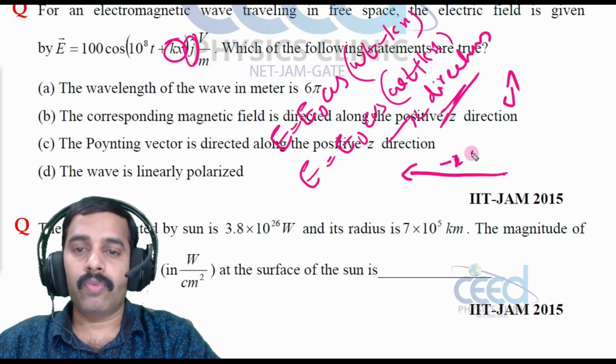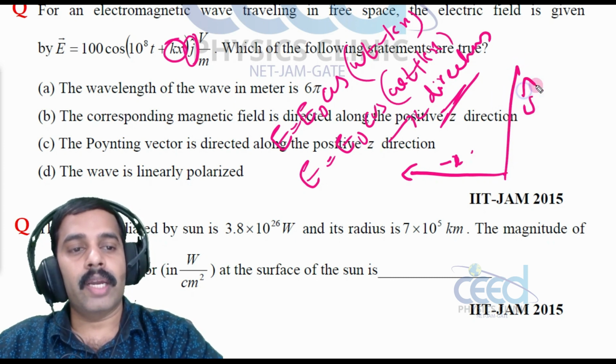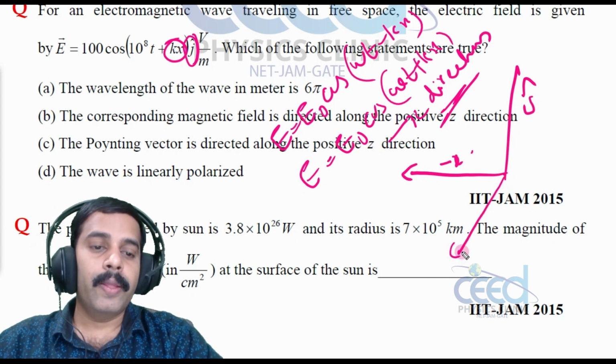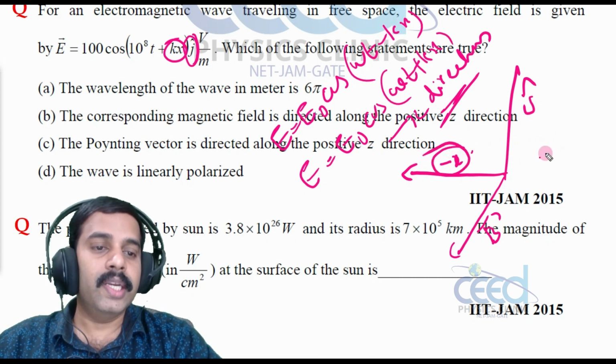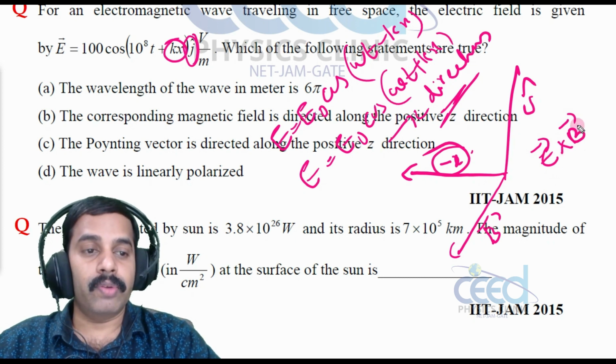What is the direction of the electric field? The electric field is along j cap. Then what would be the magnetic field direction? Look into this: E cross B is the direction of propagation of the wave, right?